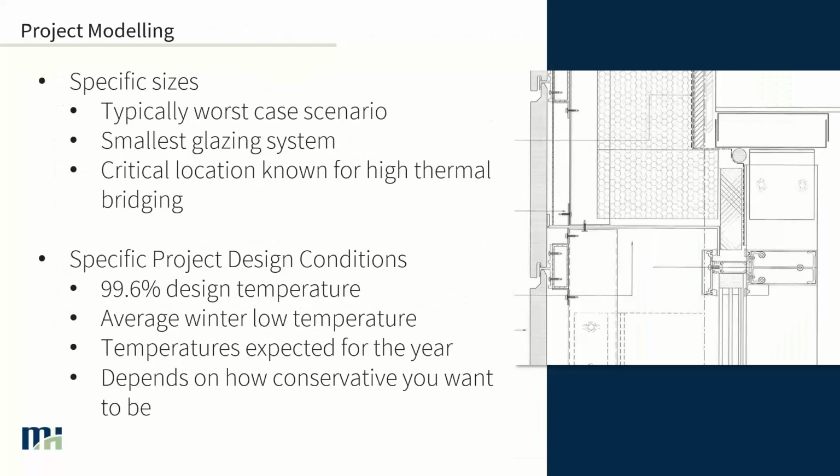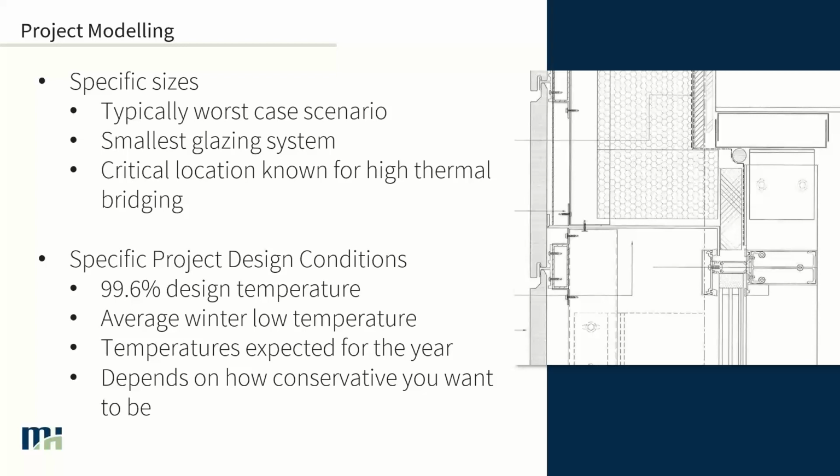So what we need for project-specific modeling is things like the specific sizes of the components or glazing units we're looking at. And typically, when looking at condensation resistance, we want to look at the worst case scenario. It may be the smallest of all the glazing systems.